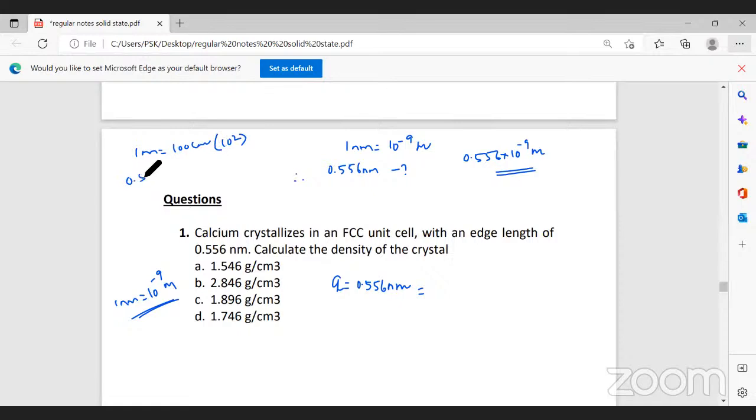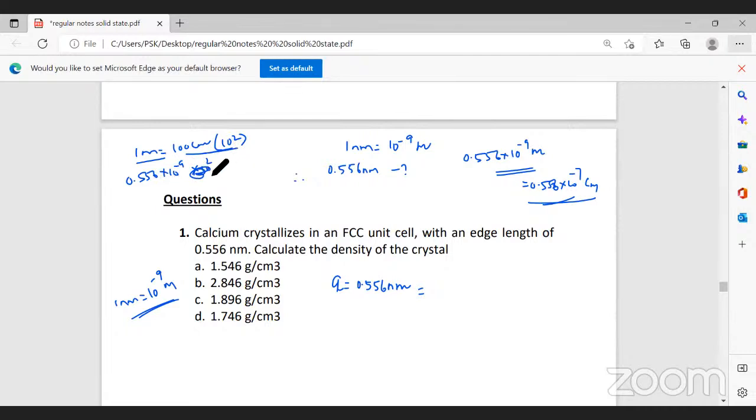So 0.556 into 10 to the power minus 9 into 10 to the power what? 2. That will be equal to how much? 0.556 into 10 to the power minus 7 centimeters. Did you understand the conversion? 1 meter is 100 centimeters. So 0.556 into 10 to the power minus 9 will be what?